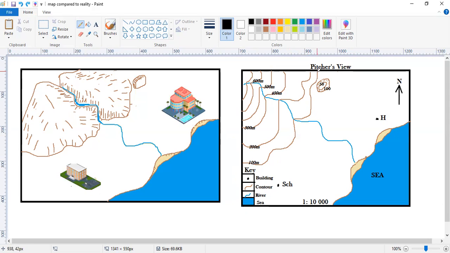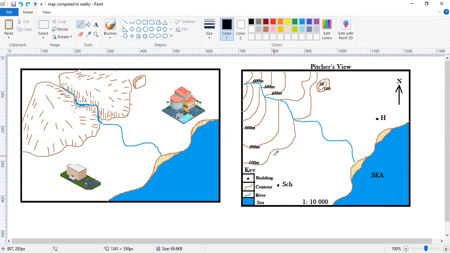Contour lines are lines drawn on a map connecting all places of the same height above sea level. The contour lines are equally spaced, and the height difference, or vertical distance between the contour lines, is called the vertical interval.